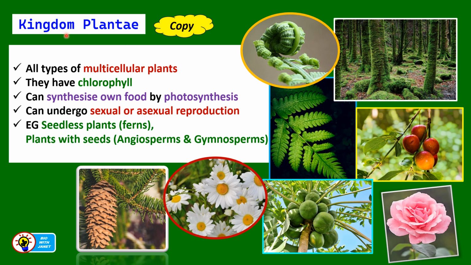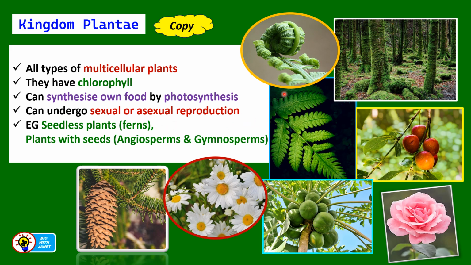So basically, Kingdom Plantae consists of all types of multicellular plants, which contain chlorophyll, and they can synthesize their own food by photosynthesis. Okay, so these are usually quite well developed plants, and they can undergo asexual or sexual reproduction, right?